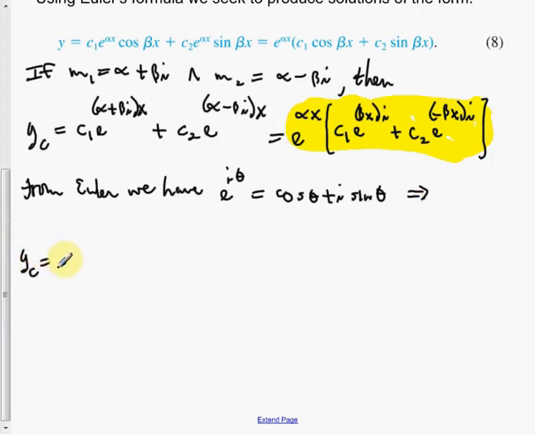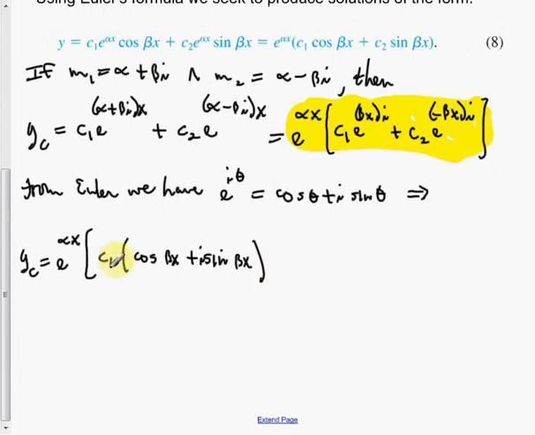that y sub c is e to the alpha x, we leave that alone, c sub 1, and say parentheses, this e to the beta x i is going to be cosine beta x plus, there is an i in front of that one, by the way, from Euler, i sine beta x.